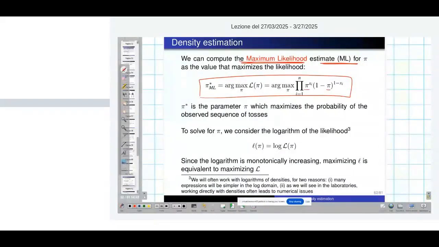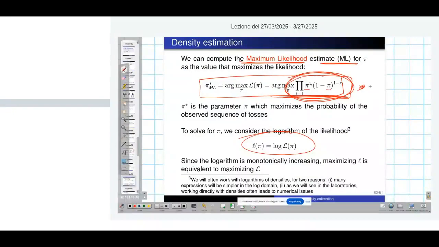Now, this function is a function of pi to some power, so it's not directly easy to work with this kind of expression. We will see that this holds true also for other densities. So rather than working directly with the likelihood, we typically work with the logarithm of the likelihood. Remember that the likelihood function for discrete random variables contains probabilities. These probabilities are positive, so the likelihood function is a positive function, and we can take its logarithm.